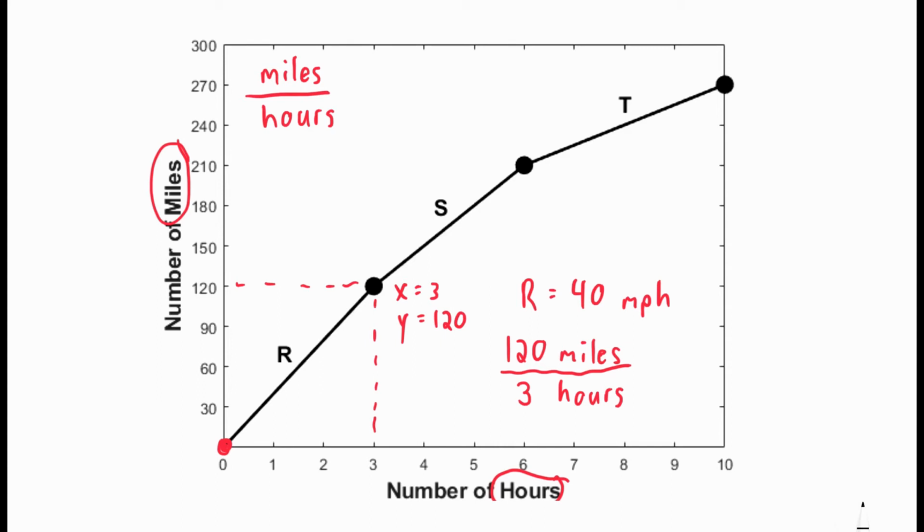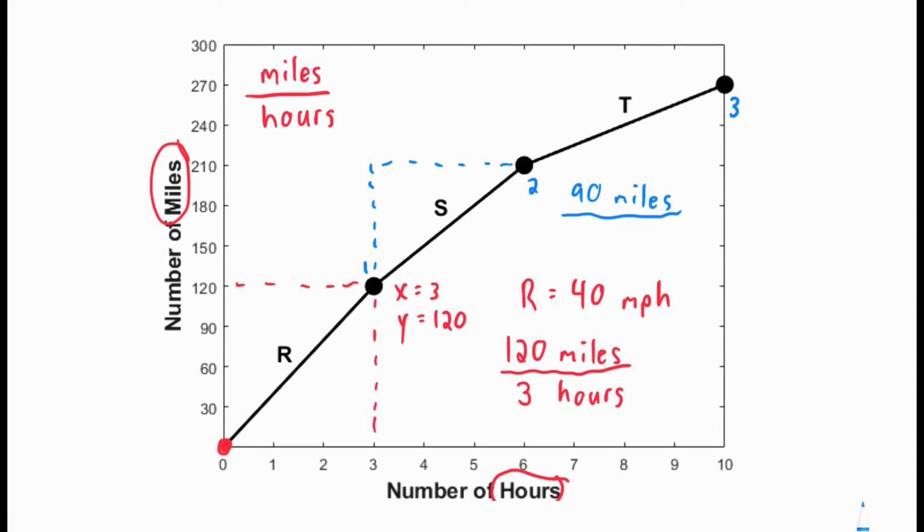So we can do the same thing for part S. How far do we have to rise to get to our second point? I'll label this 1, 2, 3. So how far do we have to rise? Well, we have to go from 120 to 210. So 210 minus 120 is 90 units, or 90 miles. And how far do we have to run?